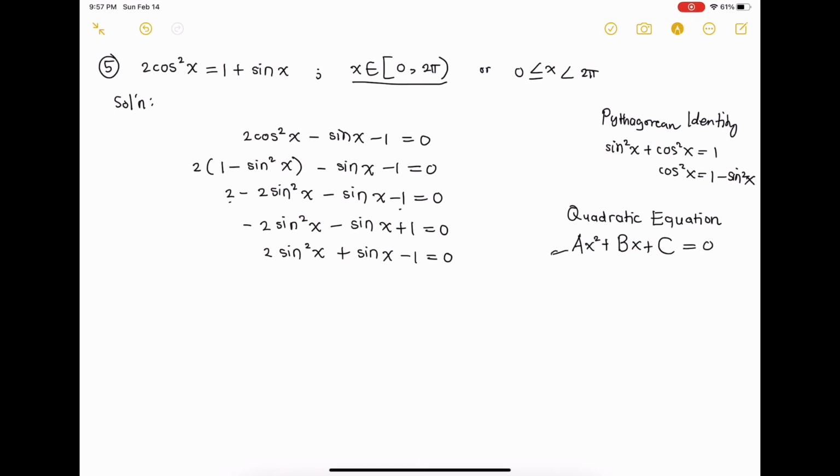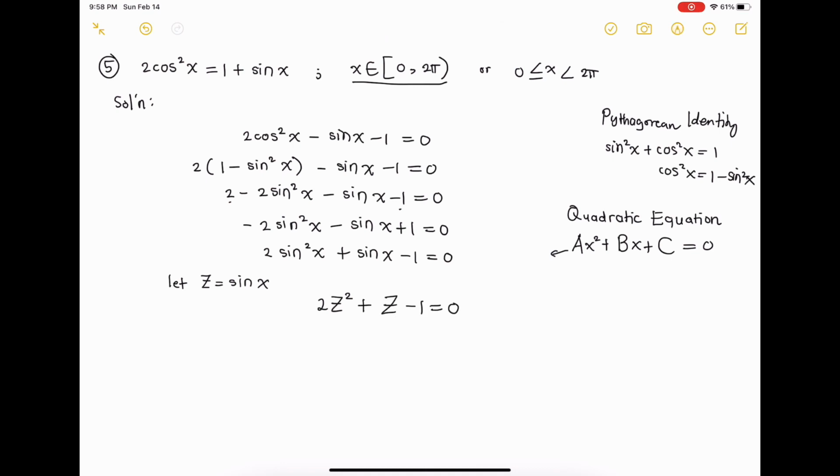The same as our current equation, wherein x is sine x. So what I will do is let sine x be a certain variable. Say, let z be sine x. Substituting sine x with z, we have 2z squared plus z minus 1 equals 0.